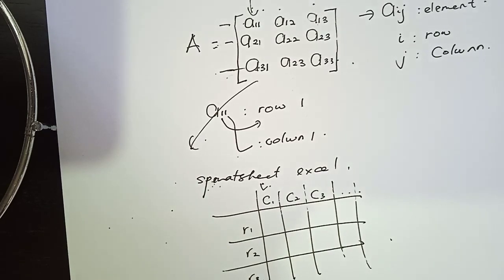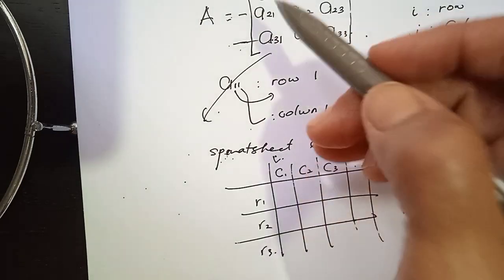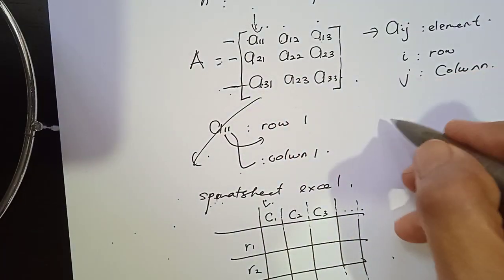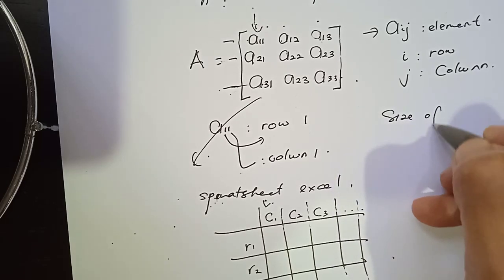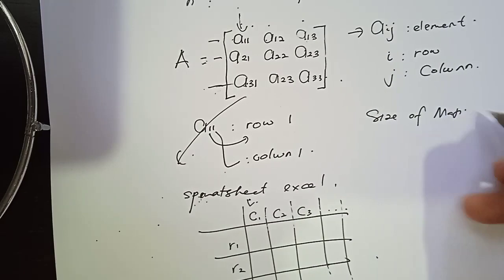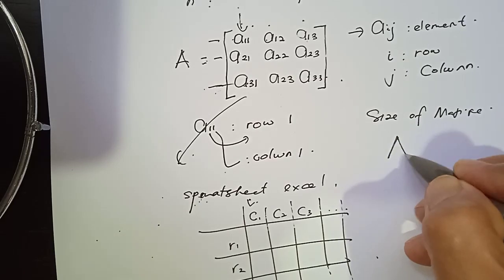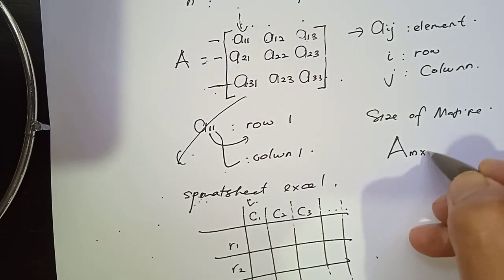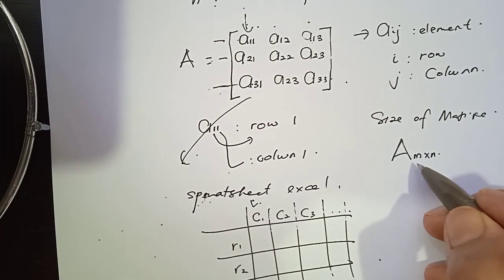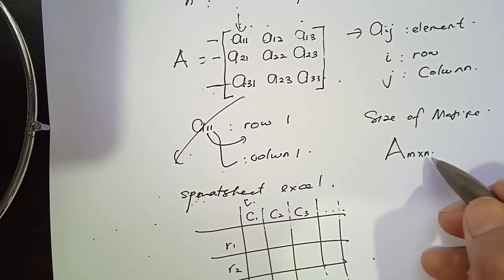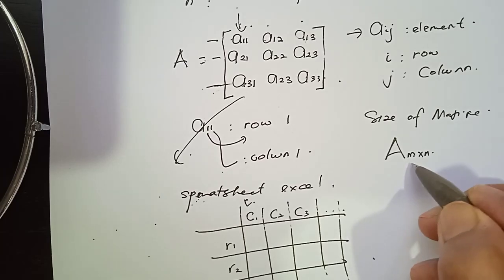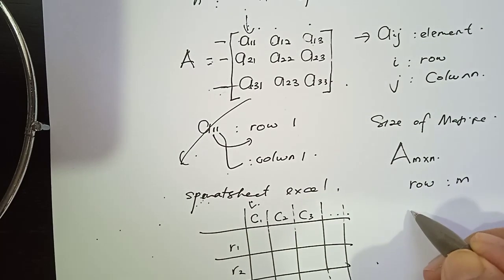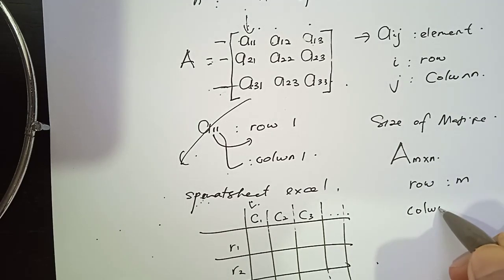Size of the matrix is given by, for example, A m times n, meaning that the size of the matrix in order where the number of row is m and number of column is n.